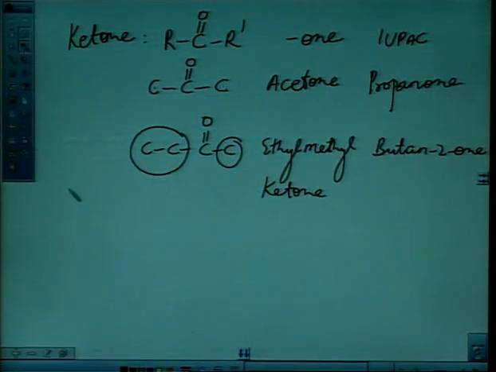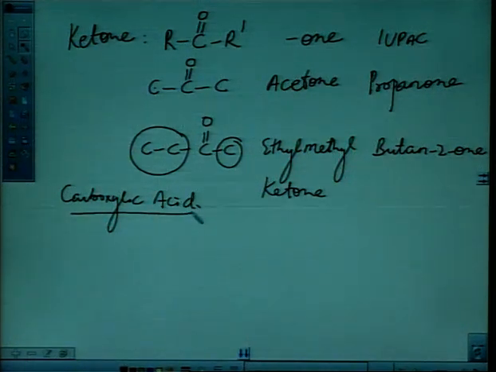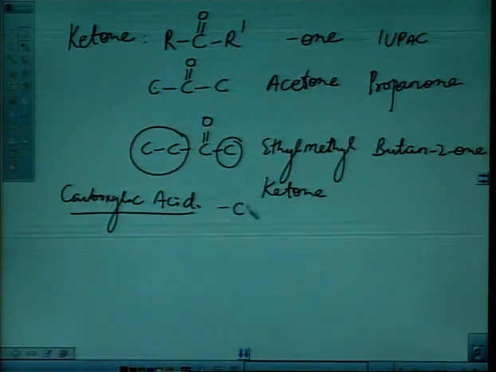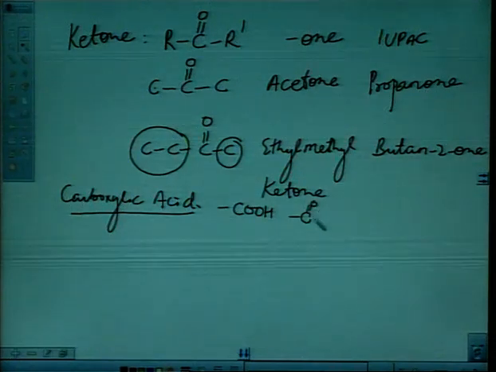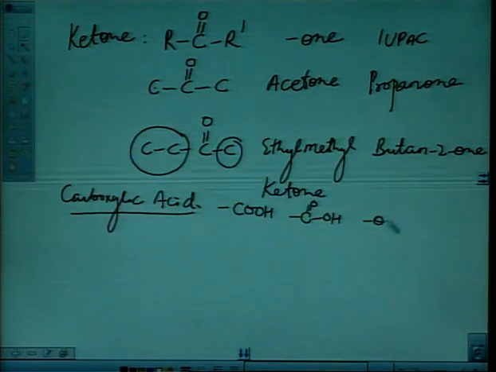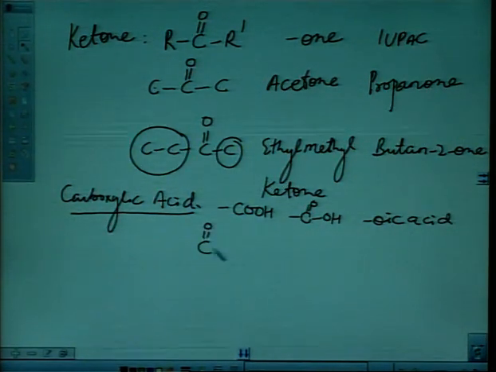Okay. The next family is carboxylic acid. The functional group is COOH. It is also written as CO2H, and the suffix is oic acid. The first member of the family has only 1 carbon.